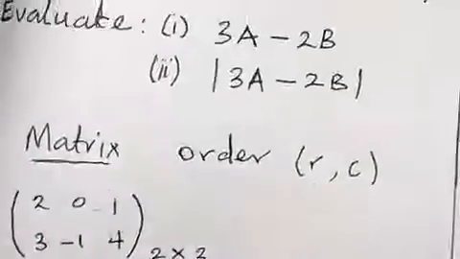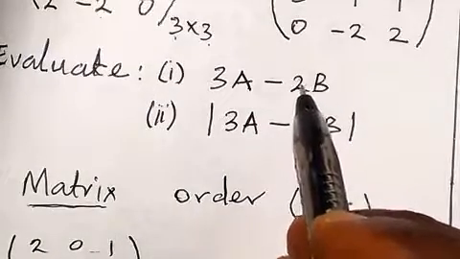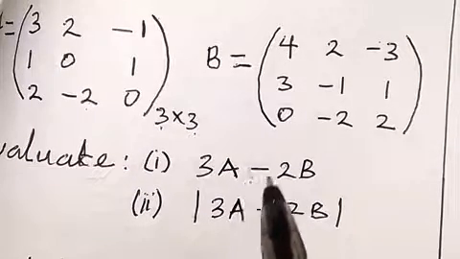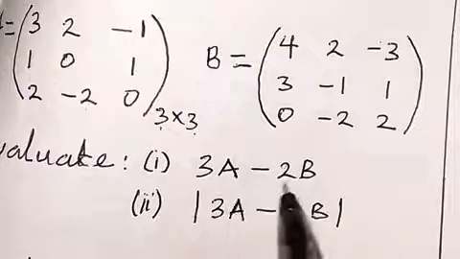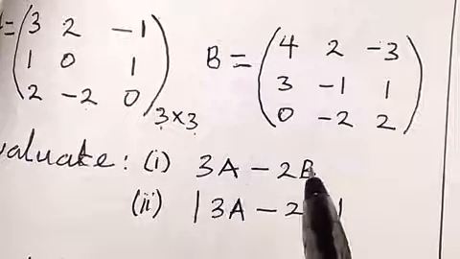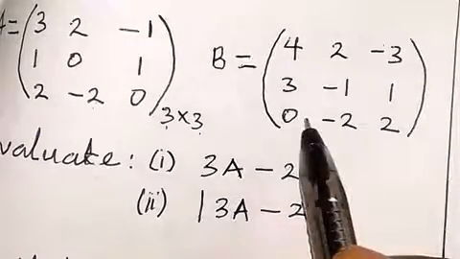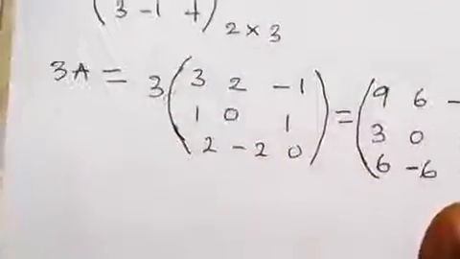And also we can see that we have 2B here. So we have to use 2 to multiply the matrix B. Don't use this minus yet, so that after we get 2B, we can then subtract it from 3A. So let's find 2B now.